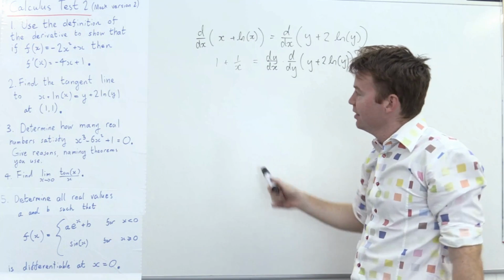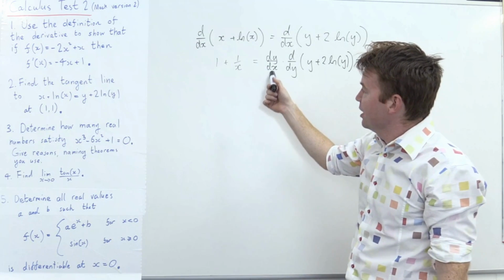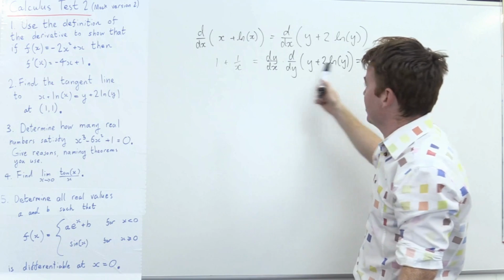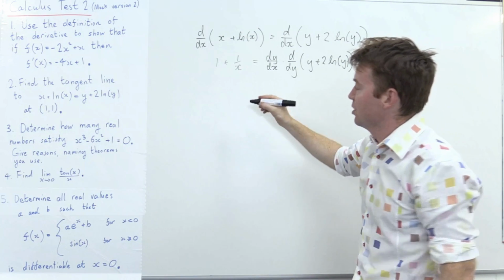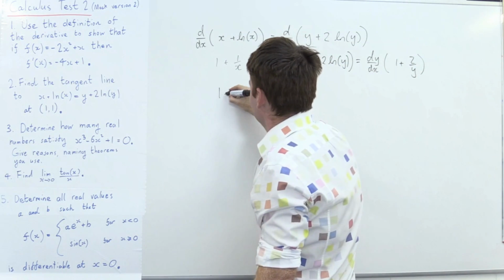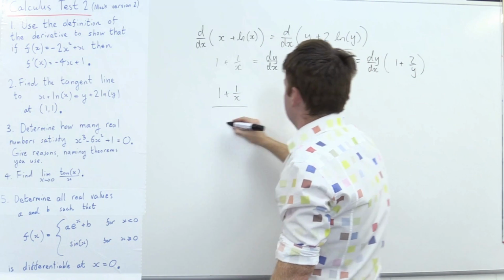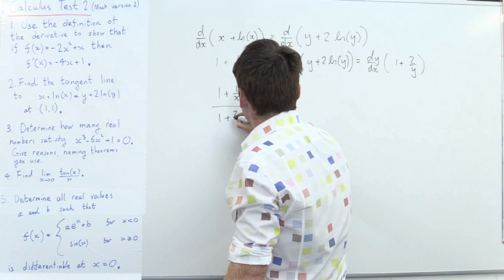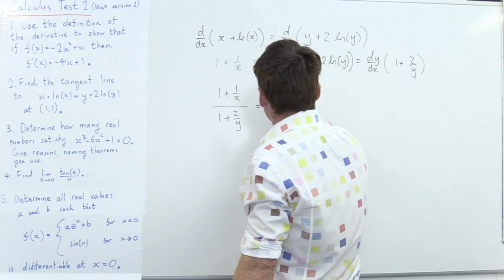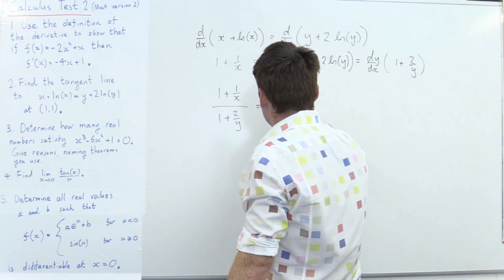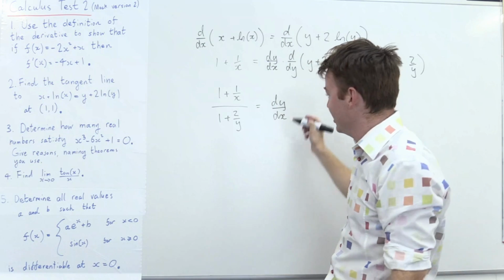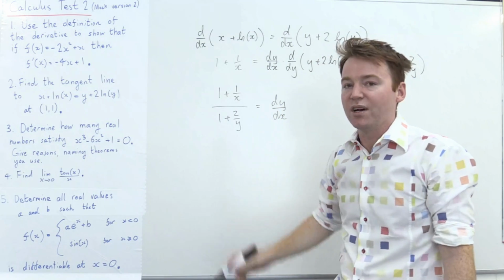It's not so bad. I've got my dy/dx here, which I don't know, and then I've got a relation with dy/dx. Maybe I'll just write it out. 1 plus 1 on x, and I could even bring that over there. 1 plus 2 on y is equal to dy/dx. Okay, my dy/dx in terms of x's and y's.